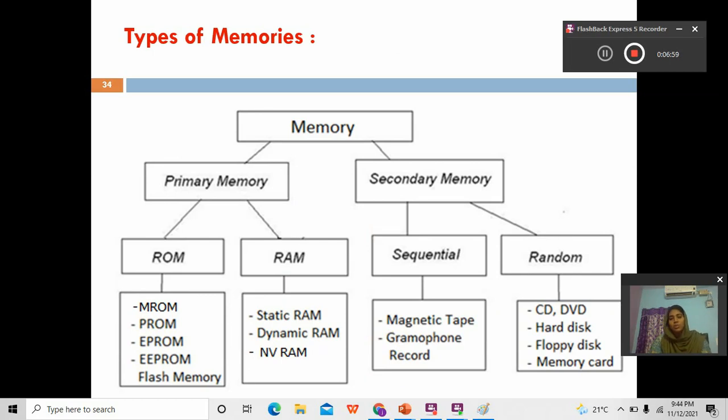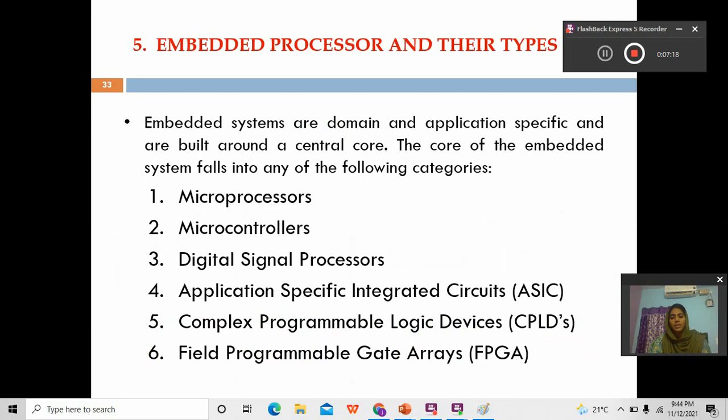In architecture considerations we need to know about input devices like sensors, output devices like actuators, and the core, the different types of cores we are using: microprocessors, microcontrollers, DSP processors, ASICs, complex programmable logic devices and field programmable gate arrays.